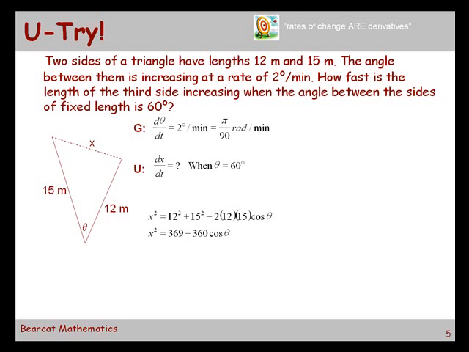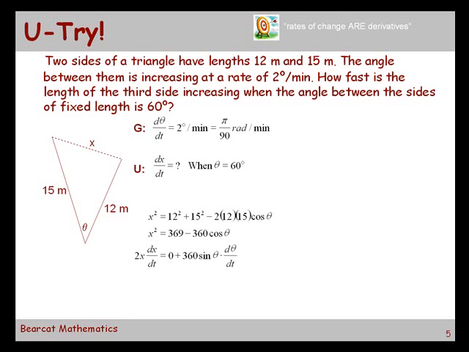At this point, I still know that I'm interested in dx dt. How fast is that side changing? In order to get that, I can take a derivative. So go ahead and differentiate both sides. The derivative of x squared is 2x dx dt. The derivative of the 369 is 0. The derivative of a negative 360 cosine theta is going to be positive 360 sine theta times whatever the derivative of theta is.